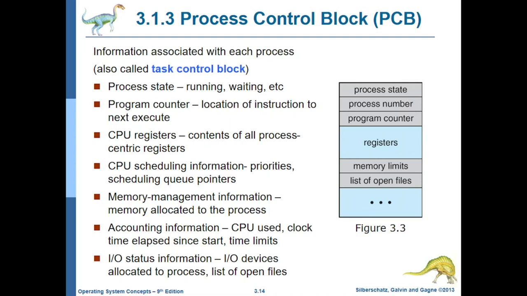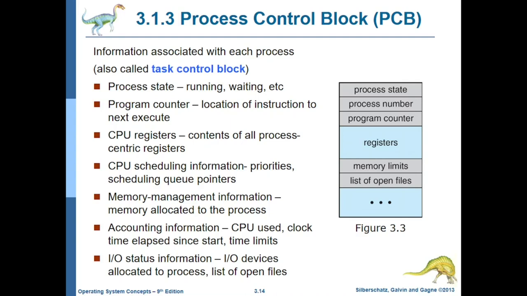The fourth component is the register, which stores the contents of all the process-centric registers, such as accumulator, index register, stack pointer, and general purpose register. The fifth component is the memory limit, which specifies the memory allocated to the process and how it is organized. This may include page table or segment table depending on the memory system used by the operating system.